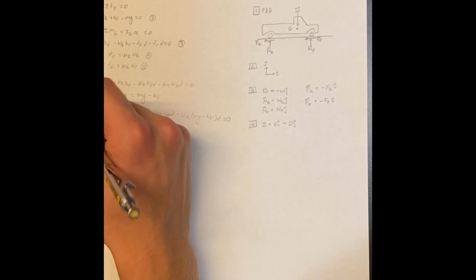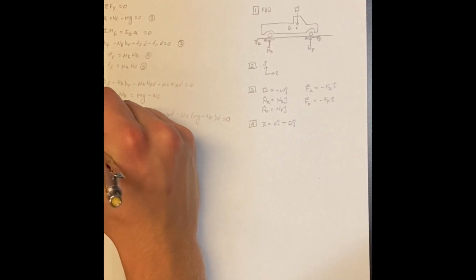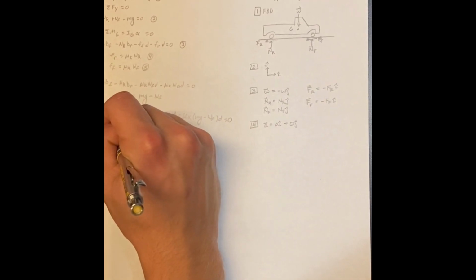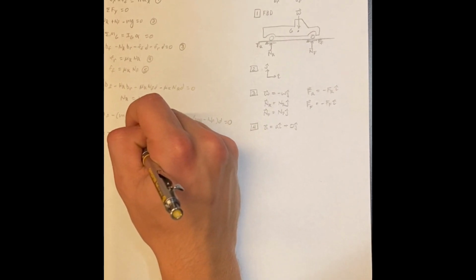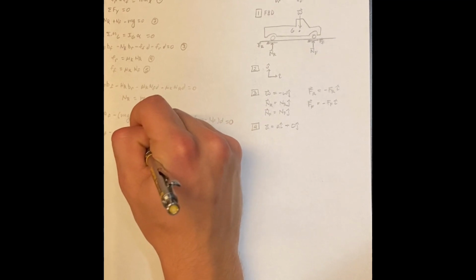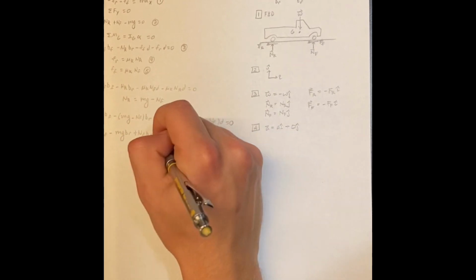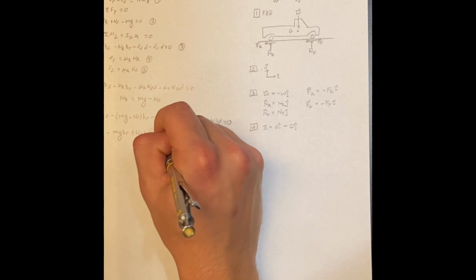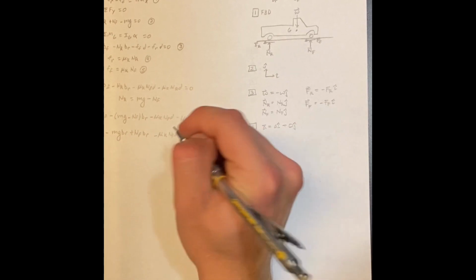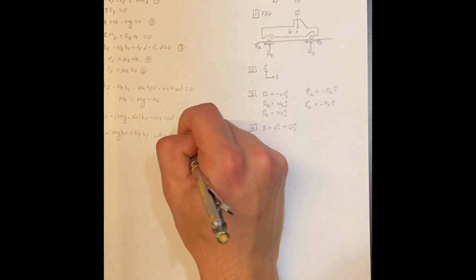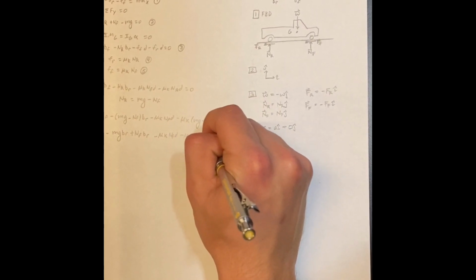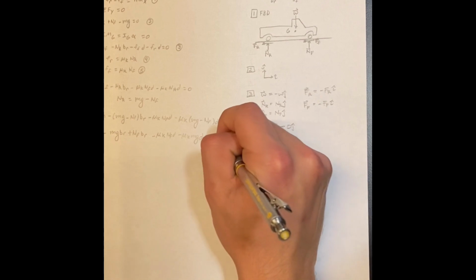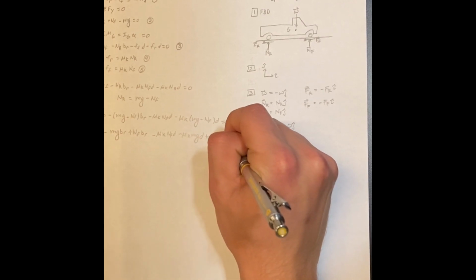And if we expand this out, we'll get NF BF minus mg BR plus NF BR minus mu sub k NF times D minus mu sub k mg times D plus mu sub k NF times D, still equal to 0.